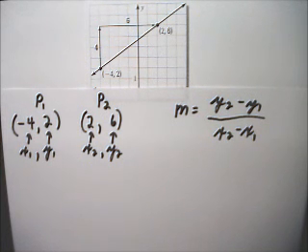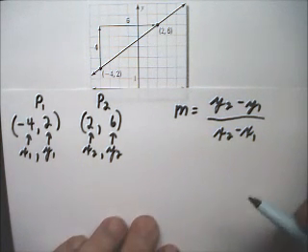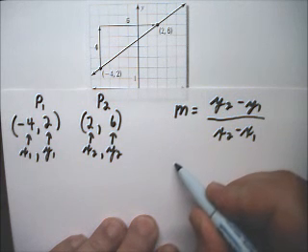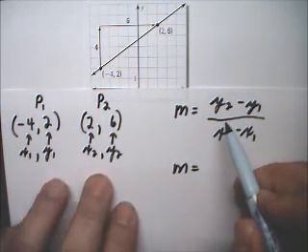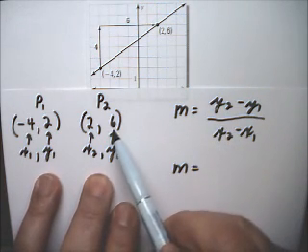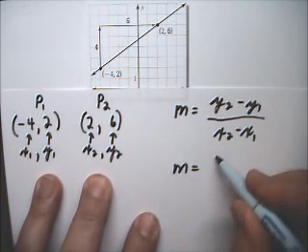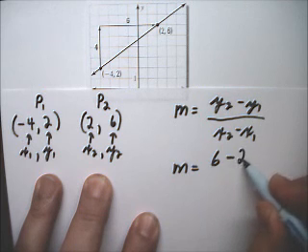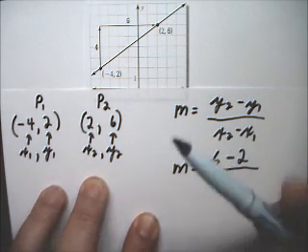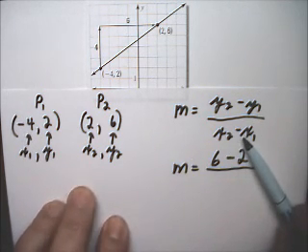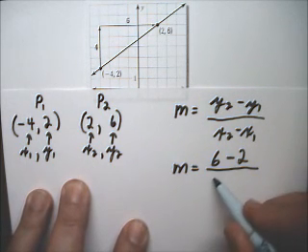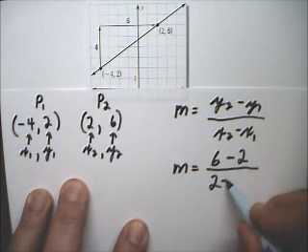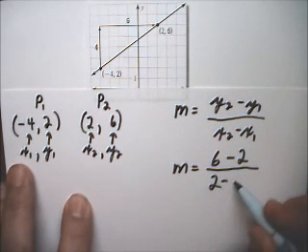And let's figure out this slope. So m is equal to y2 minus y1. That's 6 minus 2. And in the denominator, we have x2 minus x1. x2 is 2 minus, and x1 is minus 4.